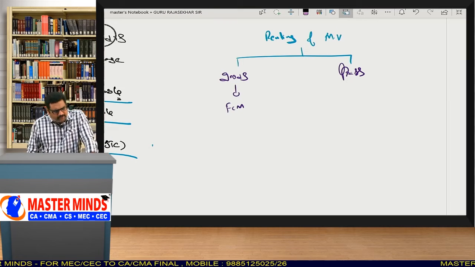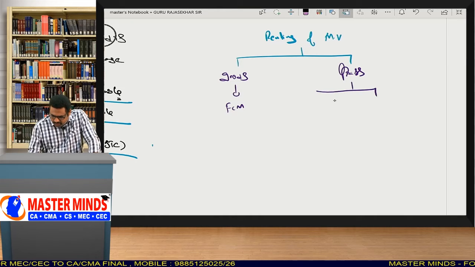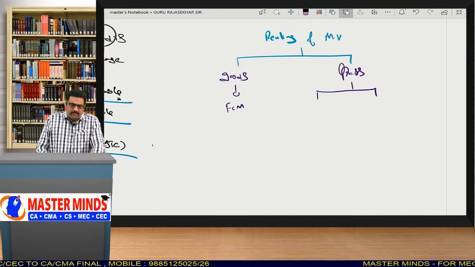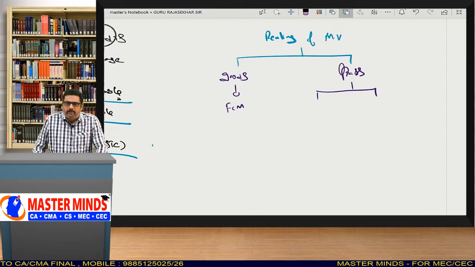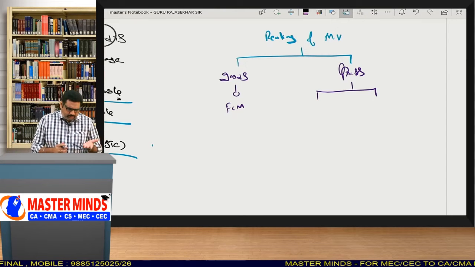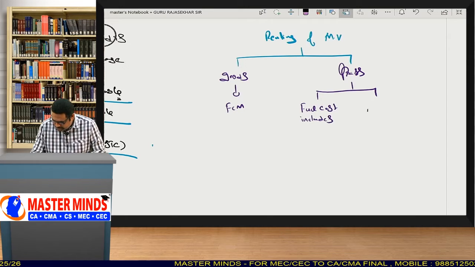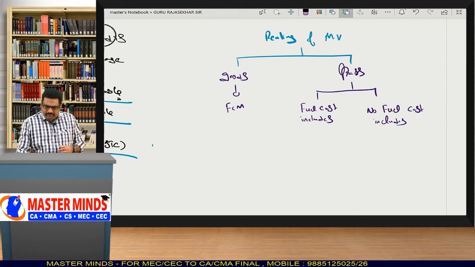If at all this particular renting of motor vehicle is for passengers, then again we divide the concept into two types. Does it include cost of fuel or not? Fuel cost includes, or no fuel cost includes.